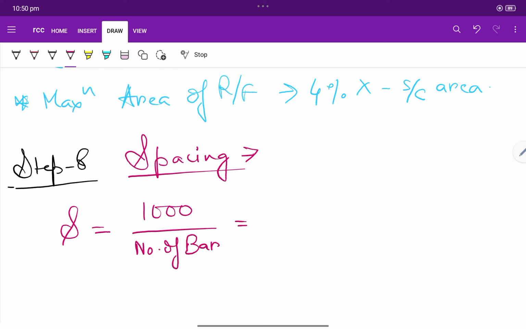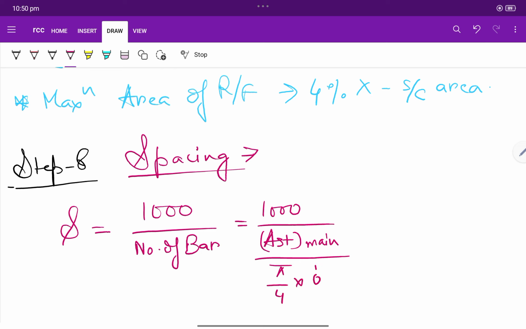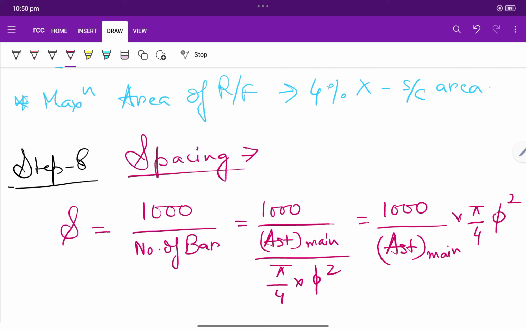How do we calculate the number of bars? Total area Ast main divided by the area of one bar, pi by 4 into phi square. So we can also write it as S = 1000 divided by Ast main into pi by 4 phi square. In this way we will calculate the spacing of one bar.